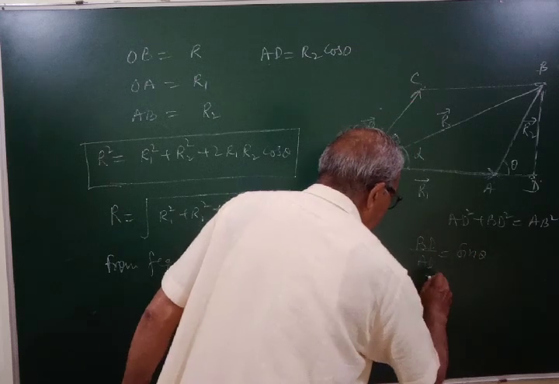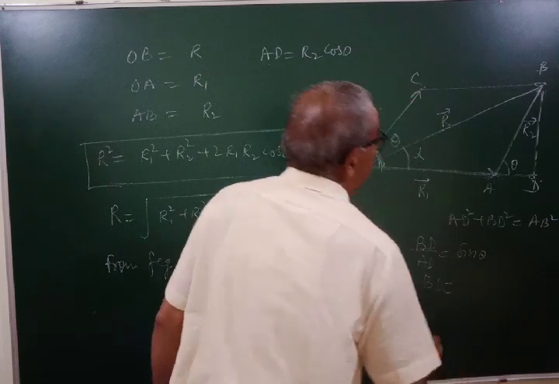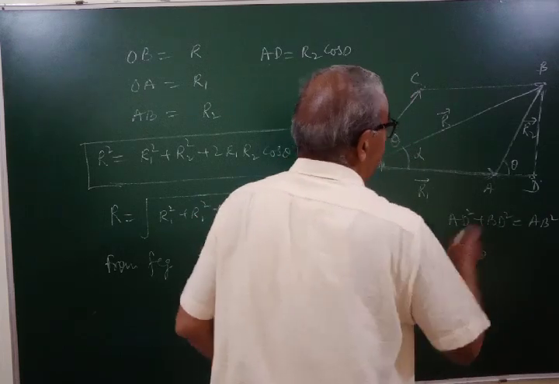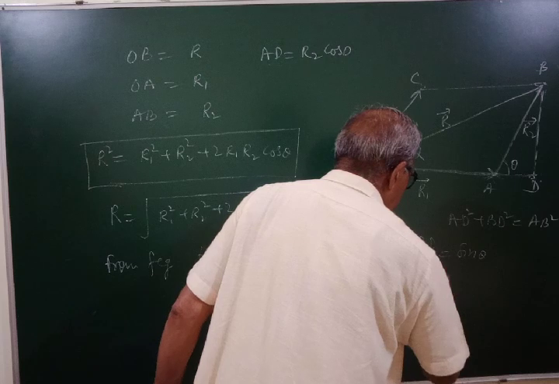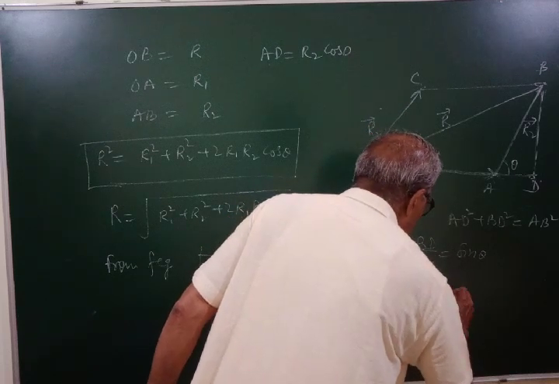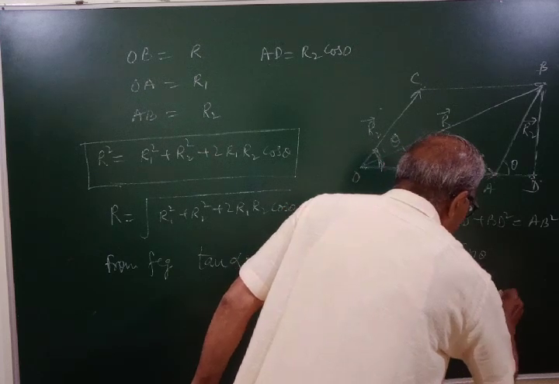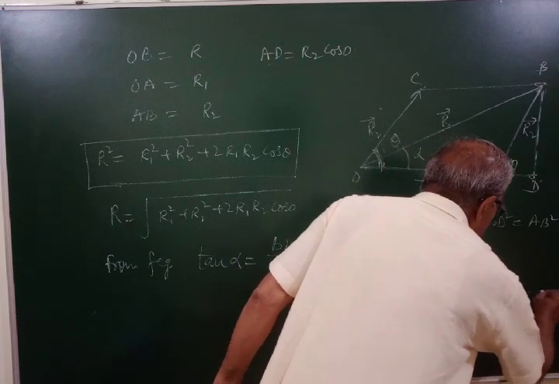So BD equal to AB sin theta. AB sin theta means R2 sin theta.